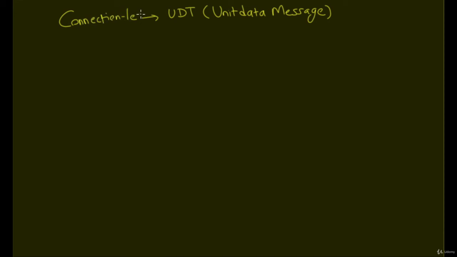connectionless service rather, we can say connectionless service, which means that there is no prior establishment of connection between the source and the destination. So just like UDP starts sending the message right away without establishing connection, the SCCP functionality of connectionless service, it just starts sending the datagram, starts sending the messages right away using UDT.